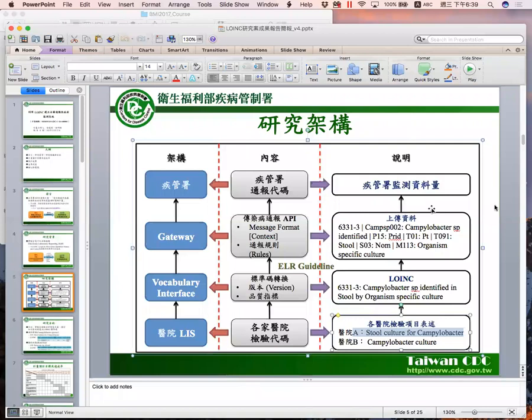Okay, so that's the architecture, but we didn't have this architecture at the beginning. Again, I want to give you the idea that only after you have done lots of things can you conclude something like this.